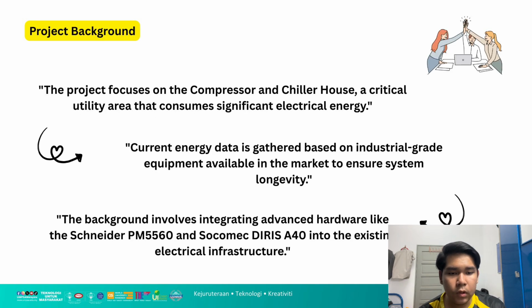Our project aims to transition from manual monitoring to an automatic, industrial-grade solution using high precision meters like the Schneider BTE2542 and Socomec Diris A14. This ensures we have long-term reliability and accurate data for utility management.